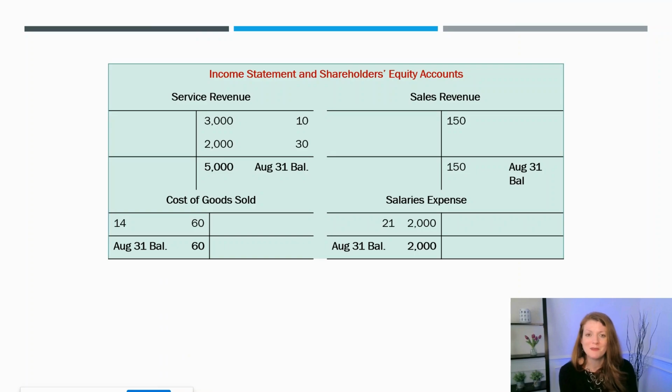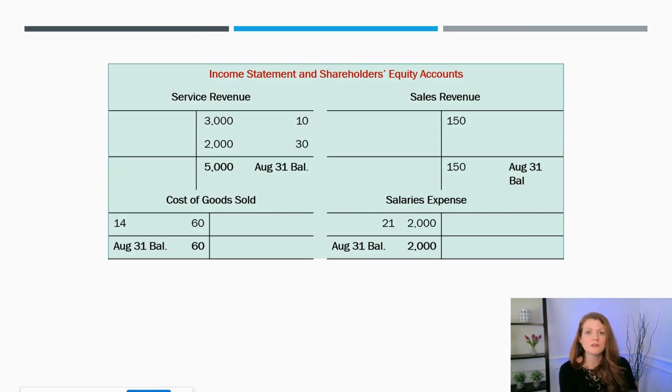And then we're going to jump into the income statement and what this looks like on shareholders' equity, because this falls under retained earnings. So we have our service revenue, and our sales revenue from selling some books. You know, we have service revenue for services we performed. Sales, we usually think of it being actual merchandise.